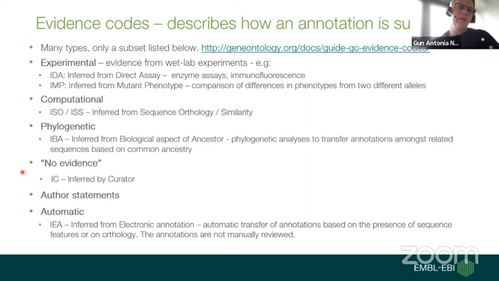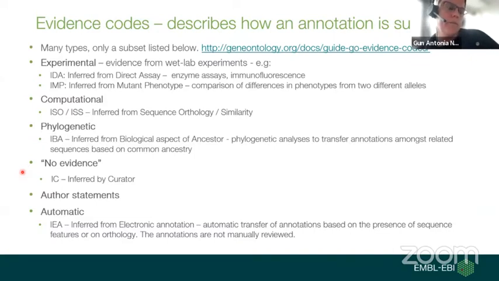So you have IDA, which is short for inferred from direct assay. So these are things like a protein got GFP tagged and it was shown where it localized in a cell, or a catalytic enzyme assay, for instance, or IMP, which is inferred from mutant phenotype, when you show differences in phenotypes from two different alleles, or wild type versus mutant.